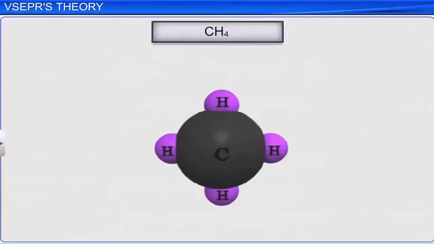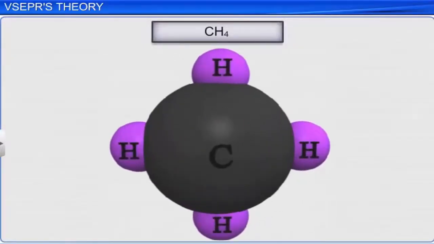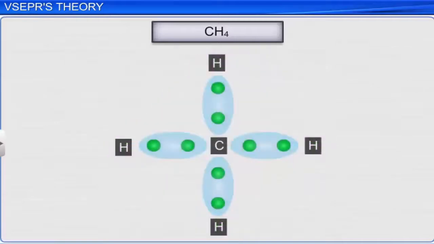In a methane molecule, 4 hydrogen atoms are bonded to one central carbon atom. Since the electron pairs have the same charge, they repel each other and try to stay as far away from each other as possible.